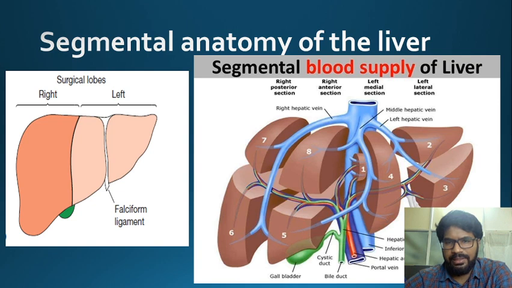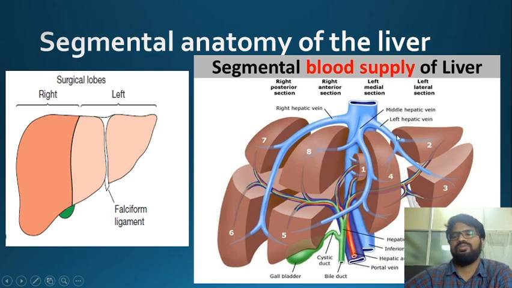The right posterior sector consists of segments 6 and 7. The right anterior consists of 5 and 8. The left medial sector consists of 4 and 3. The left lateral sector consists of segment 2. So in each portal sector there are 1 or 2 segments.